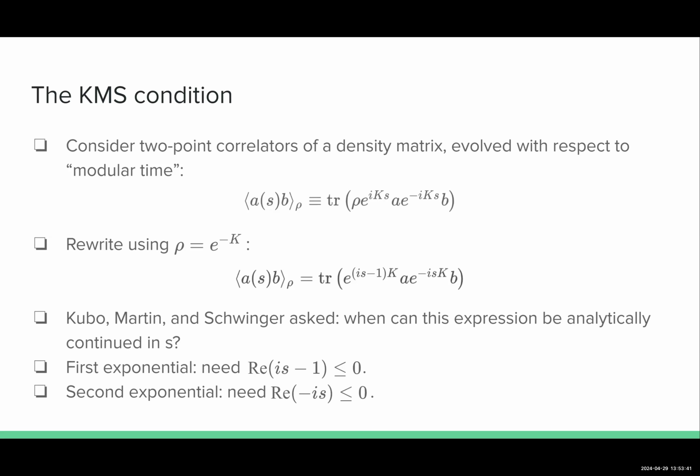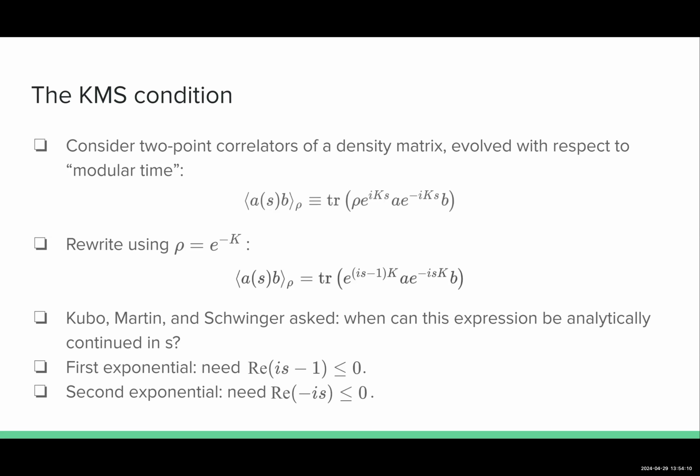And the question that Kubo, Martin, and Schwinger asked, that's what KMS stands for, about this correlation function, is when can this be analytically continued in s? You have to do a little bit of math to figure out the answer in any sharp way, but your intuition is actually going to be correct. K is some operator that's bounded below but not above. I'm taking some exponentials, so I only really expect the expression to make sense if both of the exponentials are decaying rather than growing.